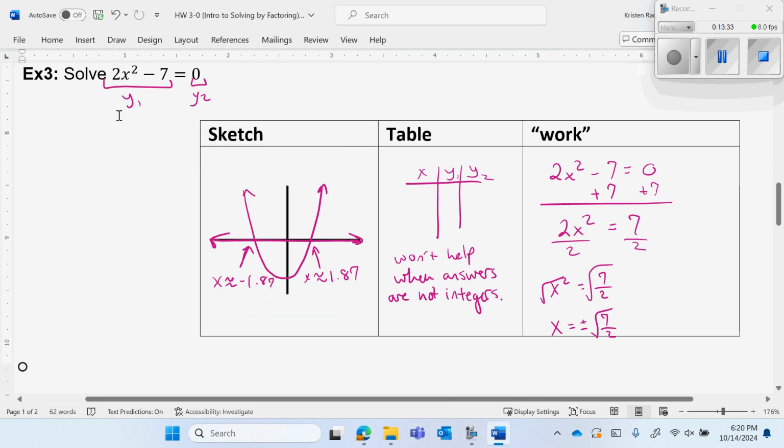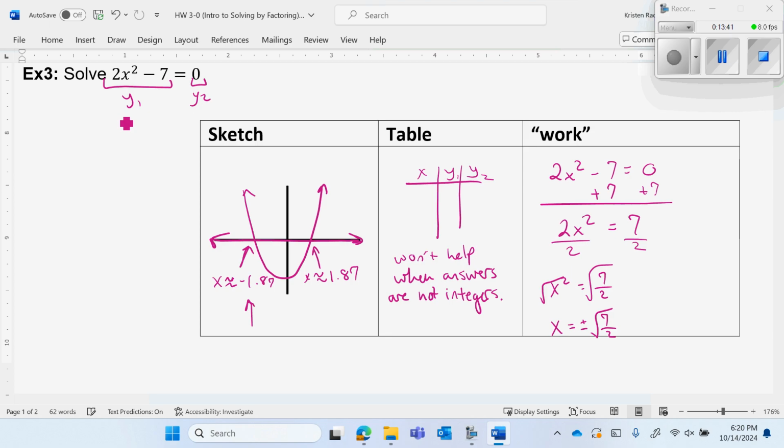So we actually did get the same answer, it's just that the calculator gives it to you in decimal form. You may not write it in decimal form, since these are rounded. You have to write it as what we call exact. So we need to leave our answer as plus or minus the square root of 7 over 2.